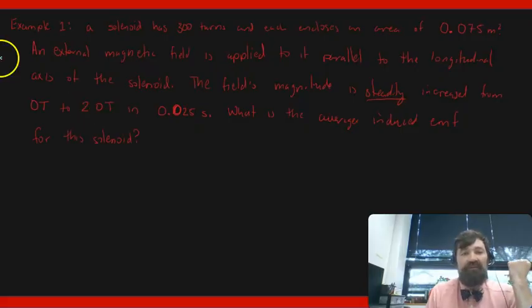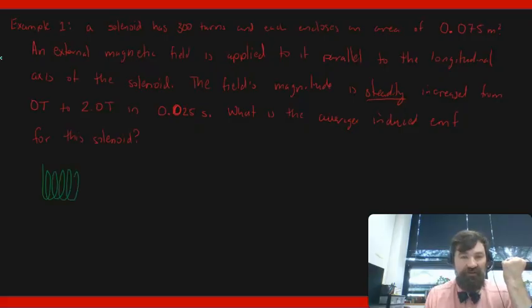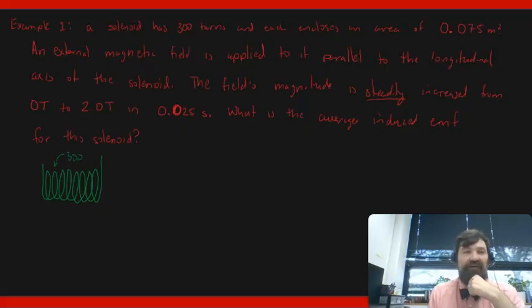with an external magnetic field applied to it in the direction parallel to the longitudinal axis of the solenoid. Before actually trying to solve the problem, let's sketch briefly what we have here. A solenoid consists of a bunch of windings like this. There are 300 of these windings. The longitudinal axis is the axis around which the coils are wound.